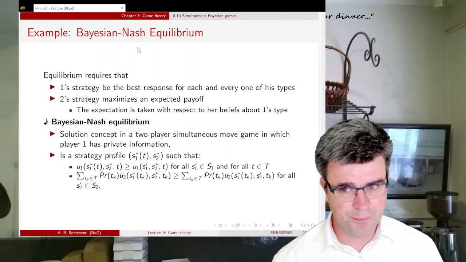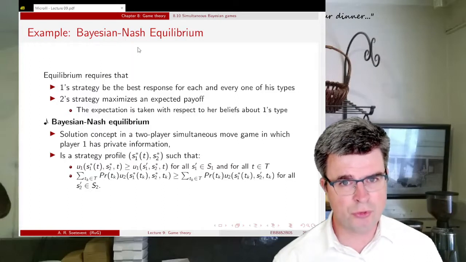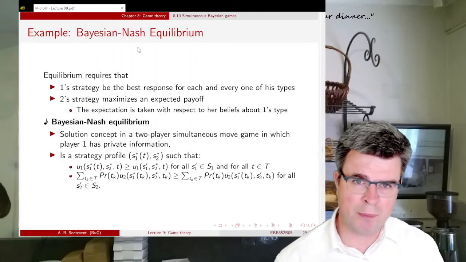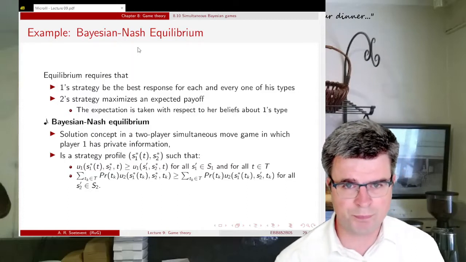And again, the equilibrium requires that for player 1, the strategy that he chooses in equilibrium is the best response for each and every one of his types. So he needs to decide, okay, if I'm of type 0, what's the optimal thing to do? And if I'm of type T is 6, what is the optimal thing for me to do?